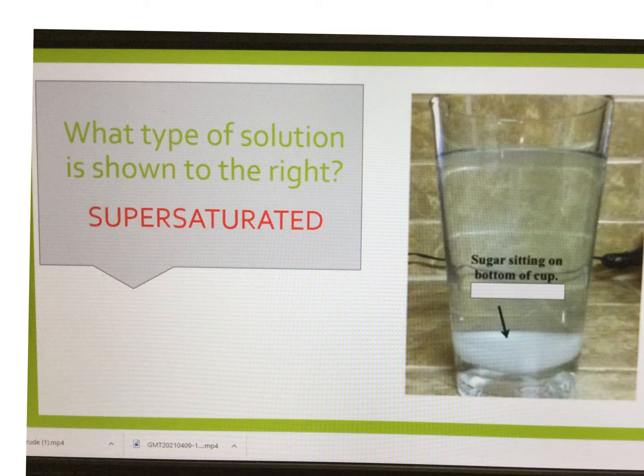If you said saturated solution, you are correct. Because the water has dissolved as much as it can, all of this is here in the water molecules. It is now part of a solution. However, that amount of water can no longer accept any more of that solute to dissolve. Therefore, the rest of it goes to the bottom.